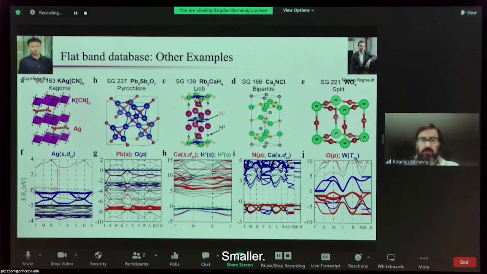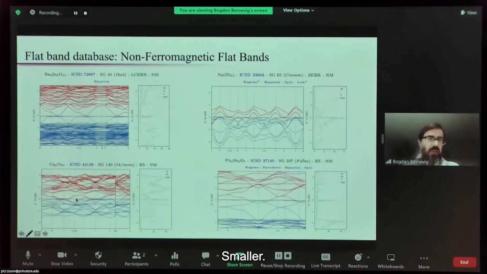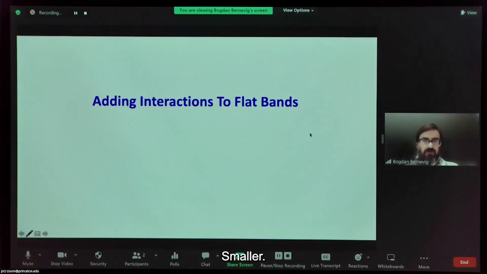So again, it's not a bridge of riches, and I would encourage you to check it out. For example, with these types of plots, NM says not magnetic, and you can see the amazing flatness of the band, okay, etc. And you can play around with these types of plots.